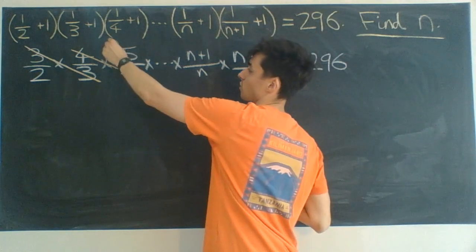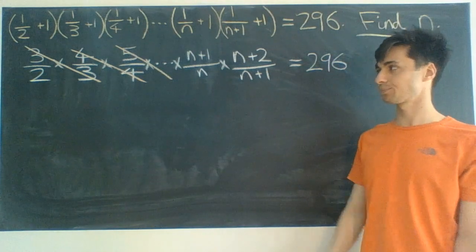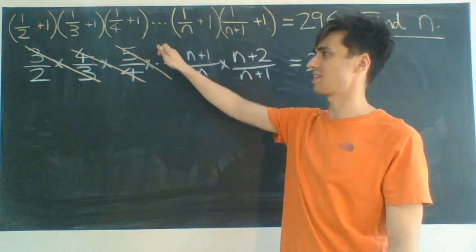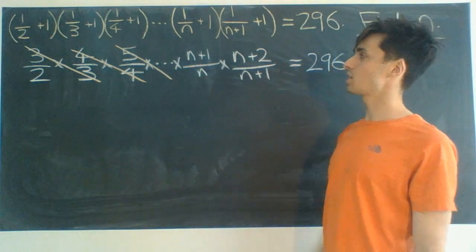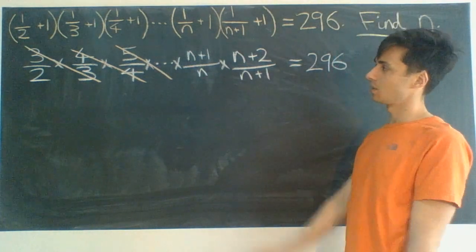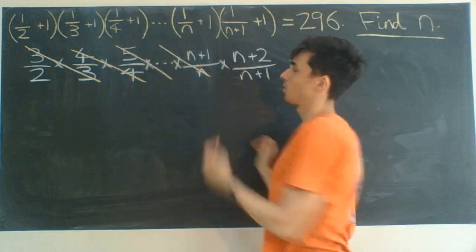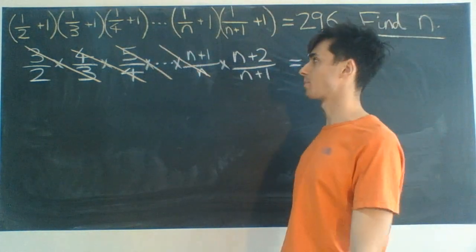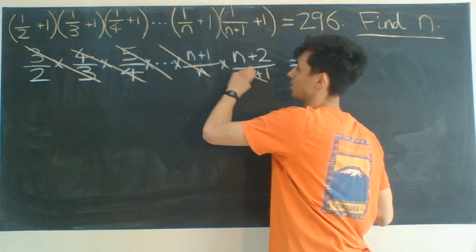So we can trust that the 5 is going to cancel out with whatever comes next. The next fraction would be 6 over 5, and then 7 over 6. This continues all the way till we get here. And we can again have faith that this n is going to be cancelled out by some previous term. The n + 1 here cancels out with this n + 1.